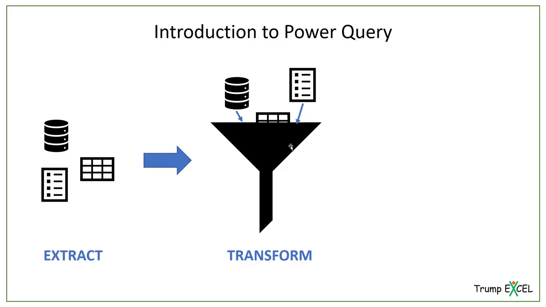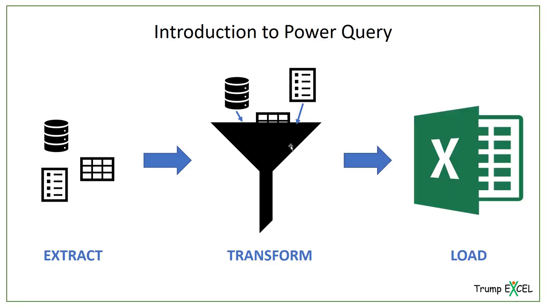So you need to remove the duplicates if they are there, or if the data is not in the pivot ready format, then you need to convert it. Once you have transformed the data, then you load the data, and in this case the loading would be done in Excel, but in the data analysis world, the loading is done in any of the tools where you plan to show the reports, or you want to create the reports.